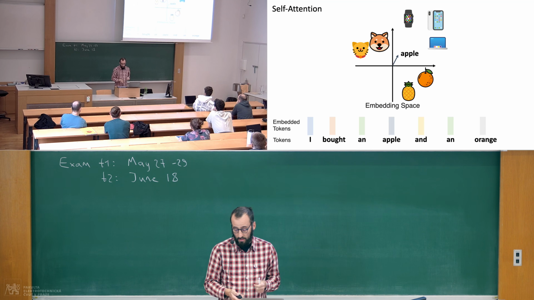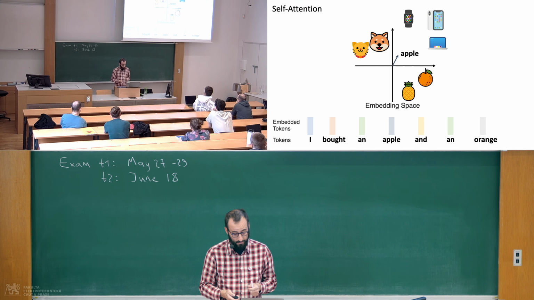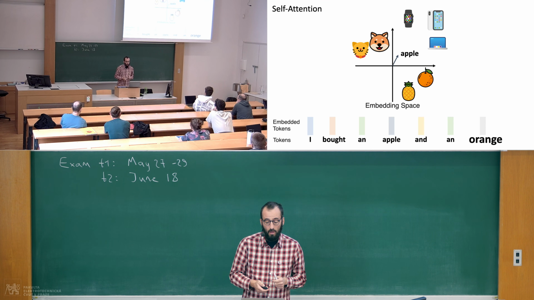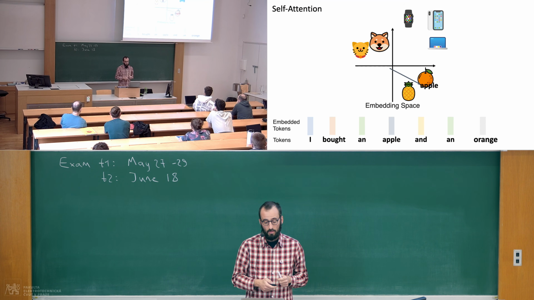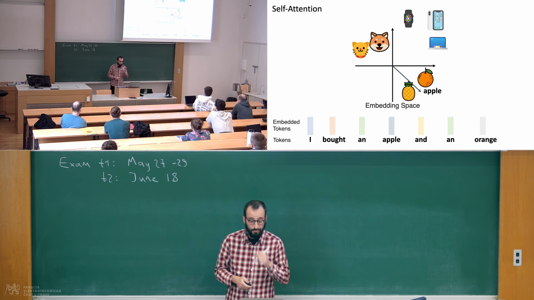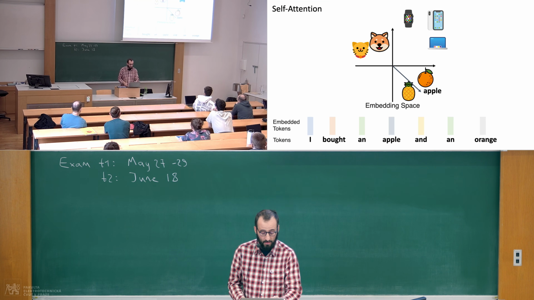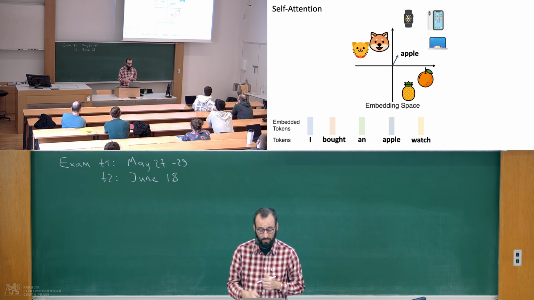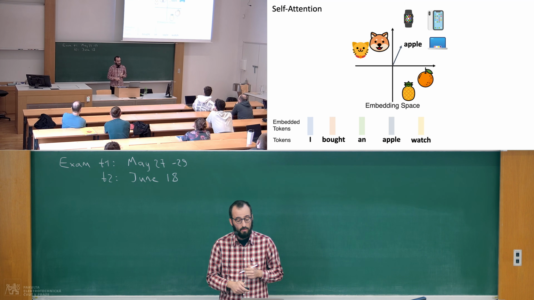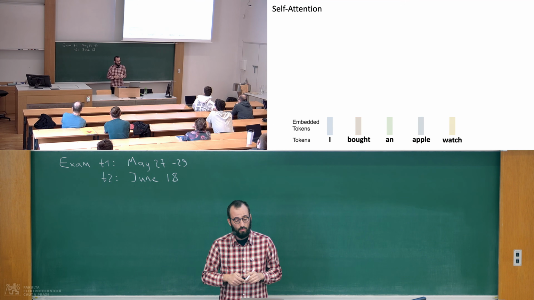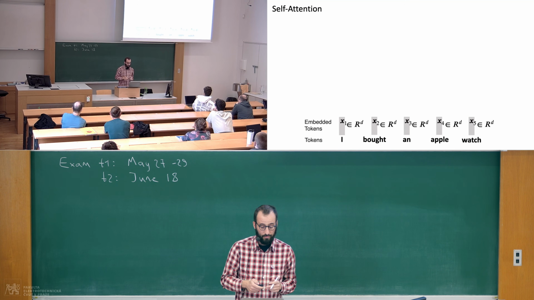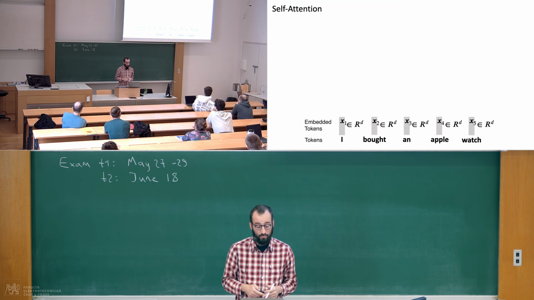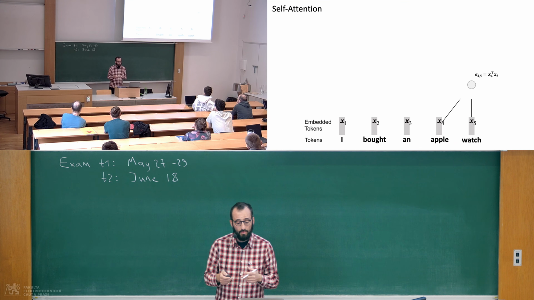That's the case with the token apple, which in this sentence we would like to move closer to the representation of fruits. Otherwise, when you see this sentence, it should move closer to the representation of electronics.